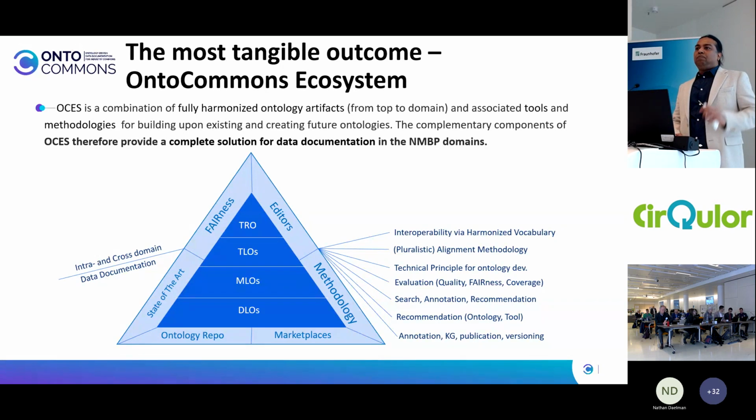In brief, it is an ecosystem at the heart of which is a stack of ontologies, stratified from the top level to the more domain-specific ontologies at the bottom. But at the same time, it also has the methodology and the tools which it proposes as part of this ecosystem.